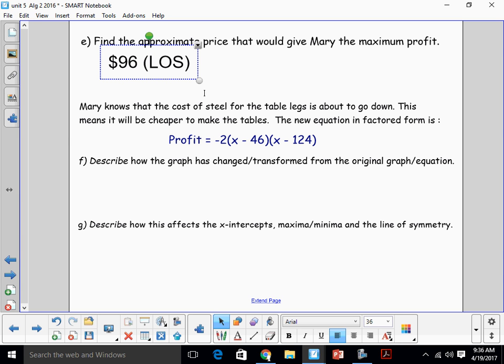All right, on the new one, please identify your 1, 2, 3, 4. You won't be writing them all down, but identify them on the new one.